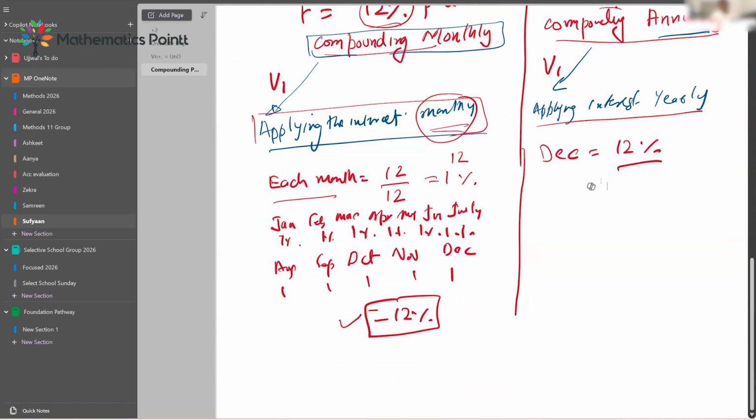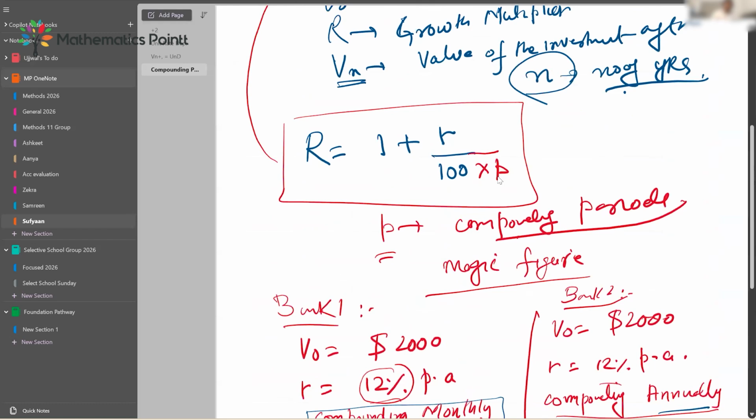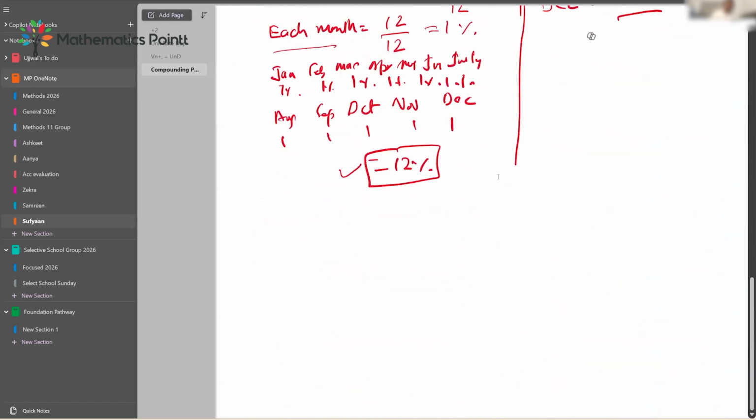Now I change the formula a bit for compound interest investment, and we bring in this new variable that we introduced, which is P, and understand what that is.